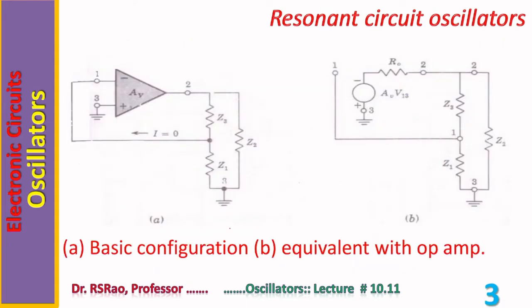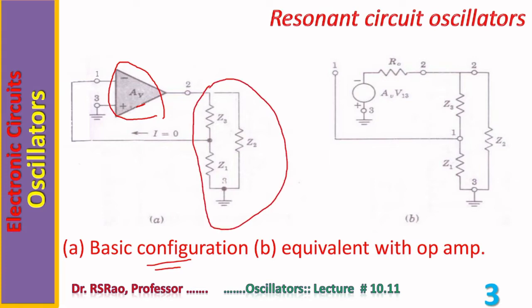Here is shown the basic configuration that is followed in the design of resonant oscillators. This is the basic amplifier. Here the amplifier is indicated by an operational amplifier. This is the feedback network.